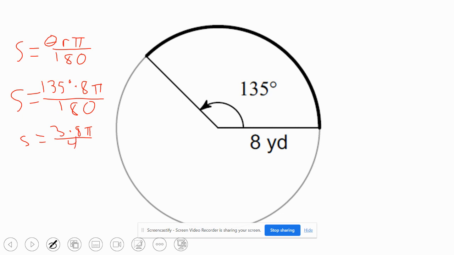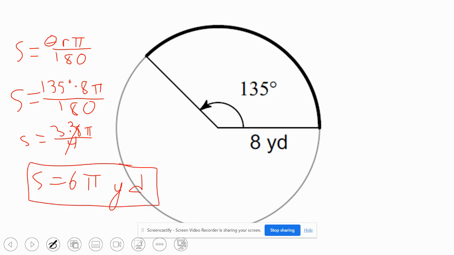And then you can see you have the 8 over 4, so I could cancel that to make it 2, and I have 3 times 2, so 6 pi. Okay, again, that is the same thing that you would get if you had just done 135 times 8 over 180 in your calculator, but whenever you don't have your calculator, you do want to start by simplifying first.